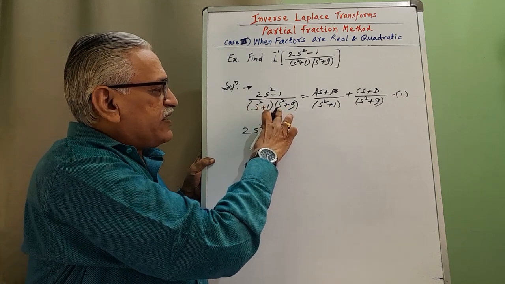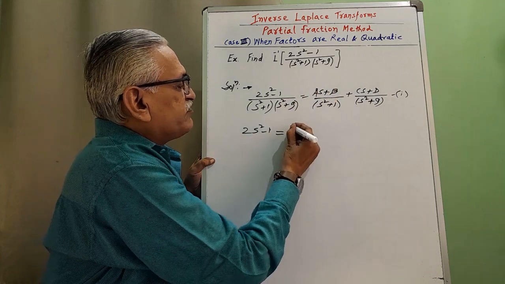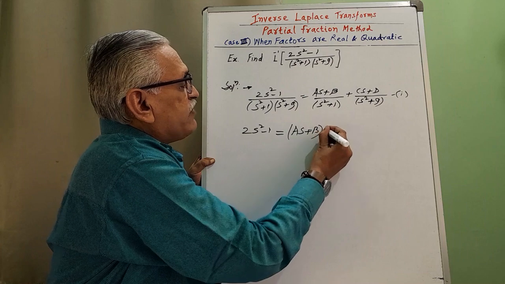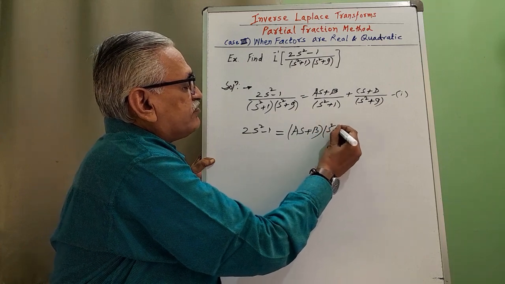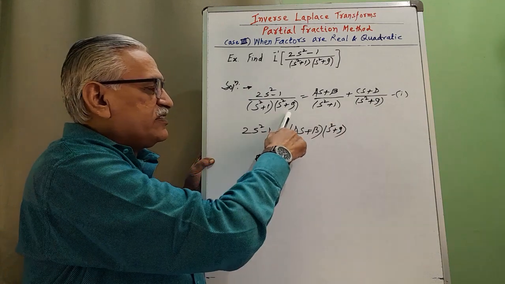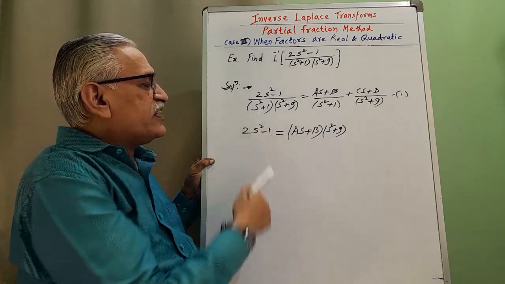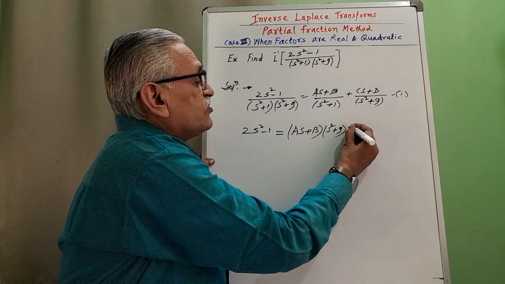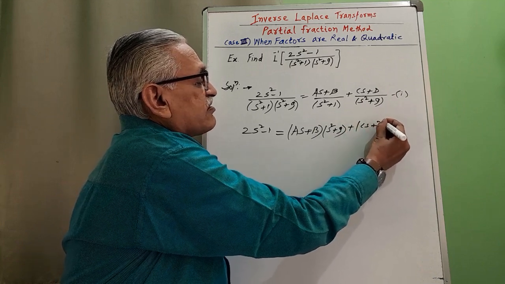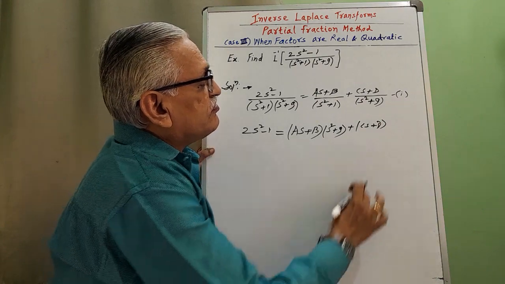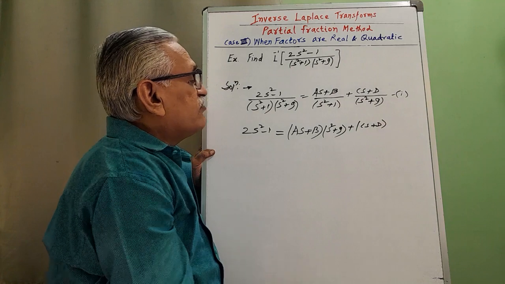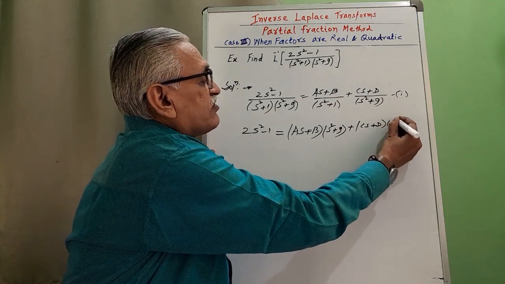Therefore, multiply by that, we get (As + B) multiplied by (s² + 9), and then dividing by s² + 9, this term gets cancelled, remaining is s² + 1. Therefore, it is (Cs + D) multiplied by (s² + 1).